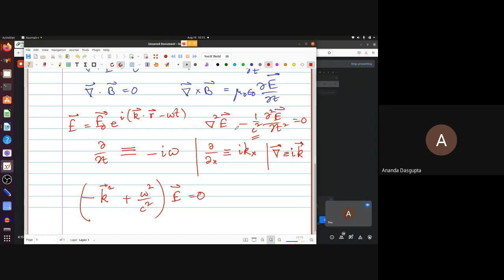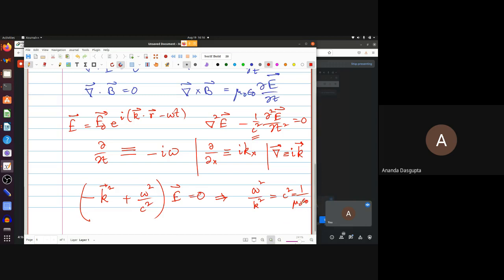But since, as you have already said, mu naught epsilon naught is 1 by c square, I've just used that. So the important point here is that a wave like this will satisfy this wave equation, which is a consequence of Maxwell's equations, only if this thing vanishes, that is, only if you have omega square by k square equal to c square, where c square is our combination 1 over mu naught epsilon naught.